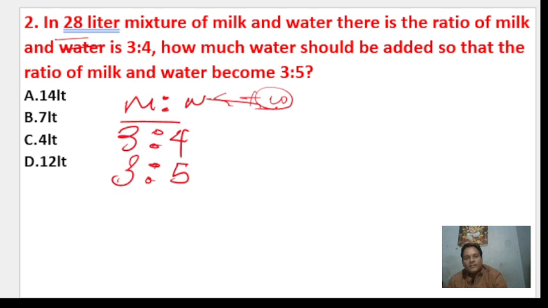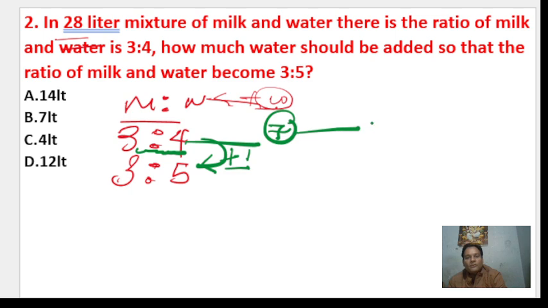So now I think you get the idea. You have to find the value of only 1 unit, which is increasing here. So you can say initially the total is 7 units. The value of 7 units here is 28 liters, and the value of 1 unit you have to find because only 1 unit is increasing here.